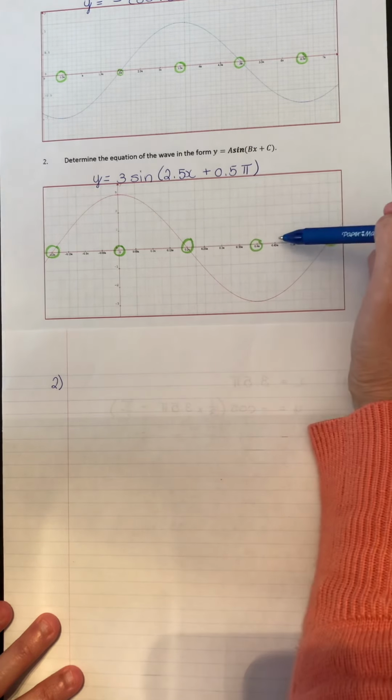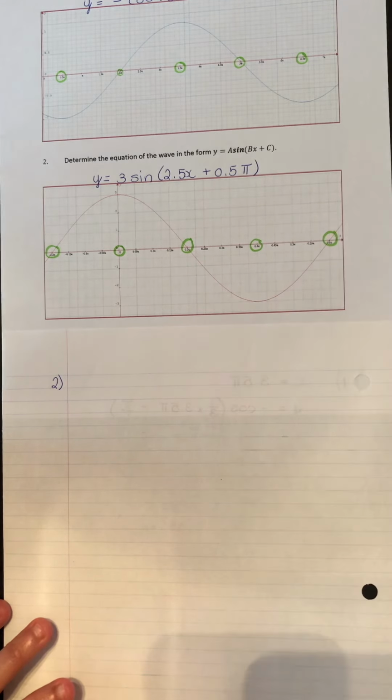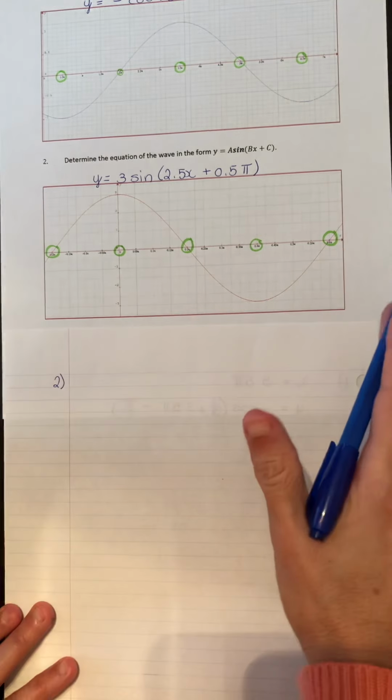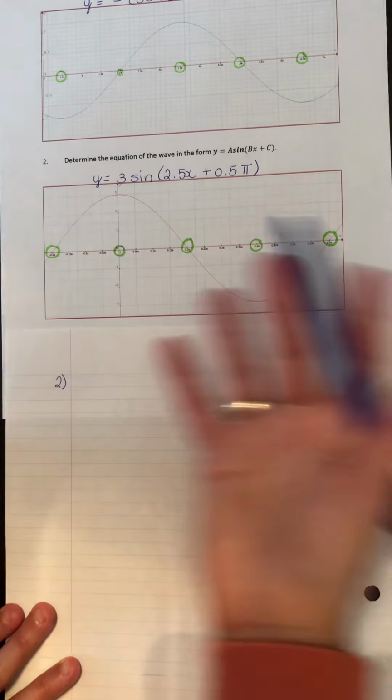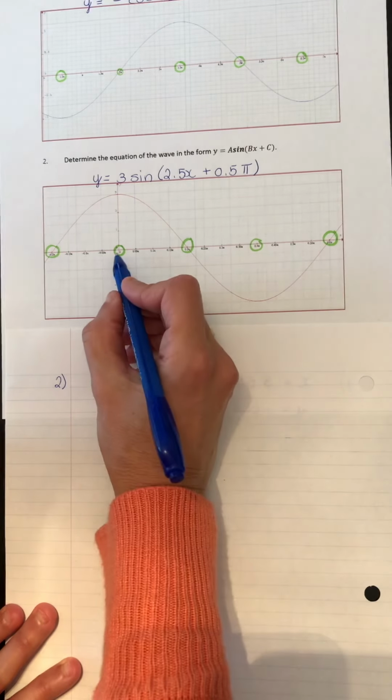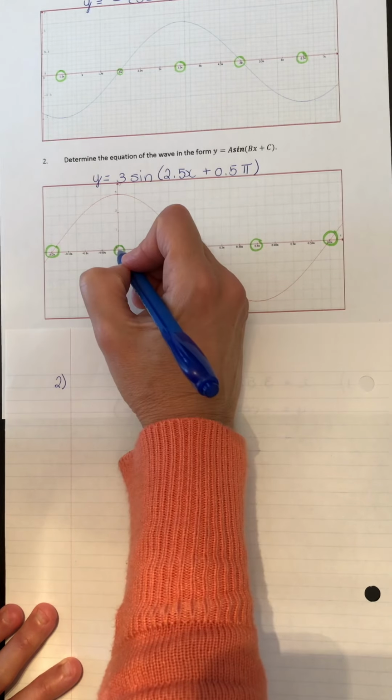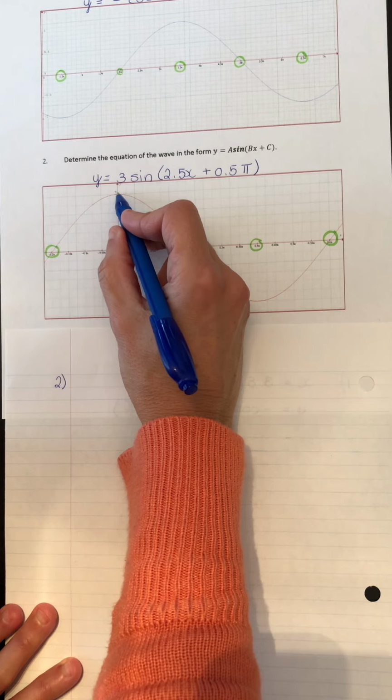I mean, it does give you an indication also of whether it's correct, but easier to choose one of the x values that are a critical point. What about 0 here? If I substitute x is 0, I should get a height of 3.